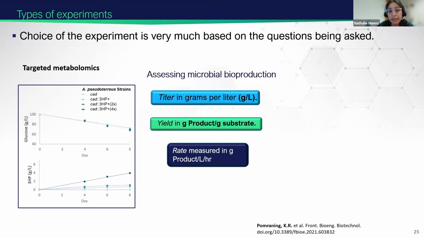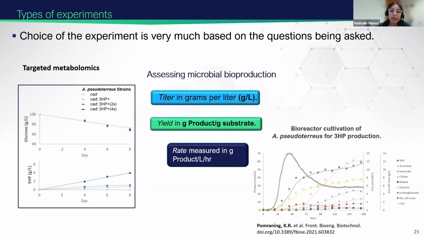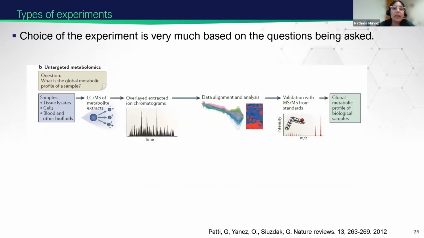And in all of these cases, for these measurements, we need targeted approaches. And finally, in a paper that was using similar strains to this, we used targeted approaches to measure all of the different metabolites that were also generated in the medium by these fungi. That is the approach that we follow when we're doing targeted metabolomics.